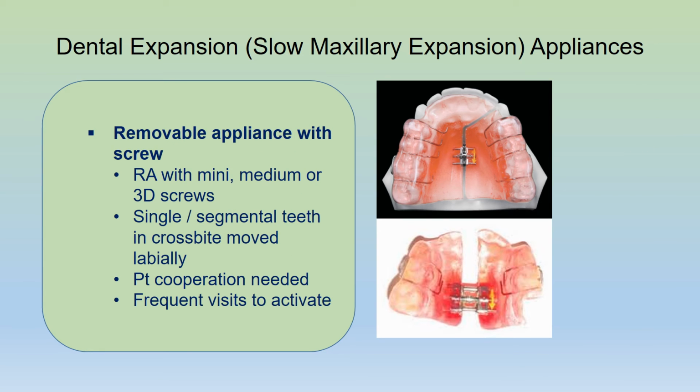Now for dental expansion or slow maxillary expansion appliances, you can use a removable appliance with a screw. A removable appliance can be used with mini, medium or 3D screws. It can be used to move a single tooth or segmental teeth to move them labially. Patient cooperation is needed with removable appliances, and you will need frequent visits to activate the screw.